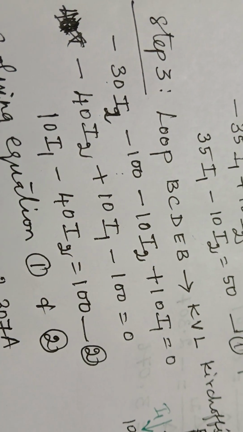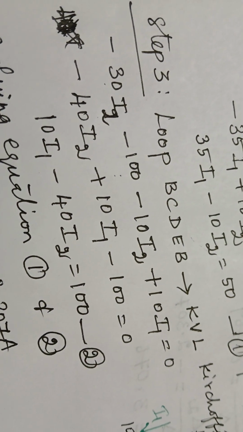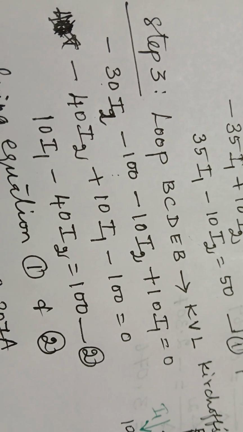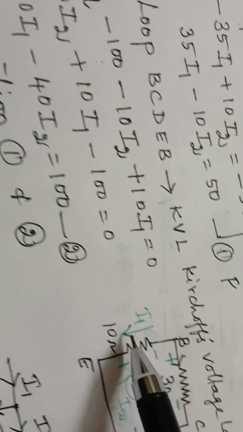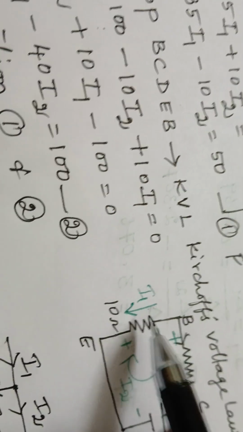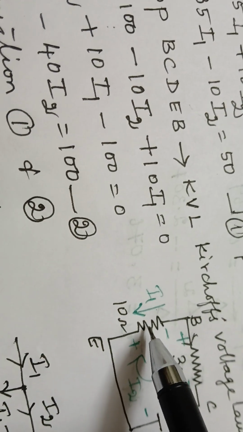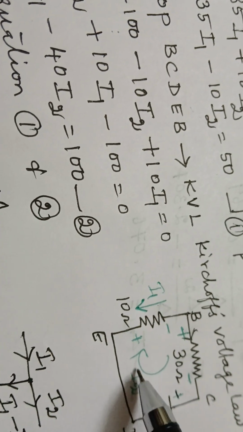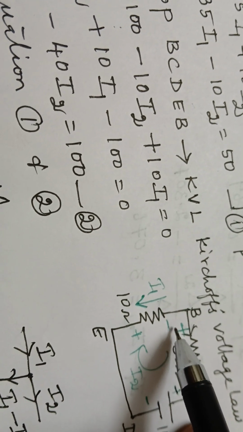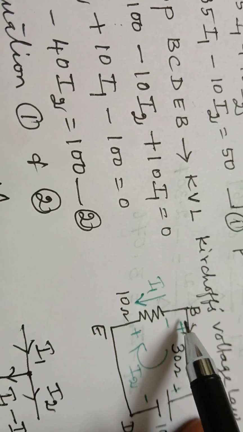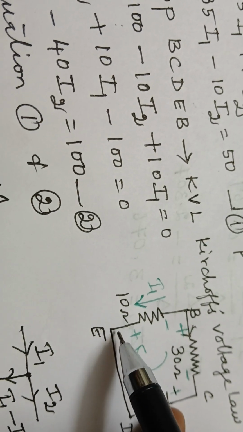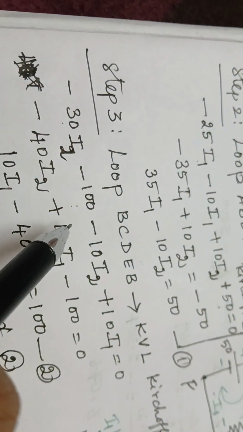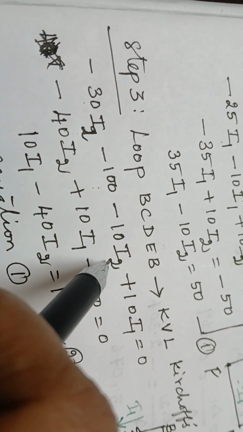Again, this resistance is between I1 and I2, so both currents will be in this resistance. The I2 current enters the positive and leaves through the negative. This is the loop direction, so it is minus 10 into I2.